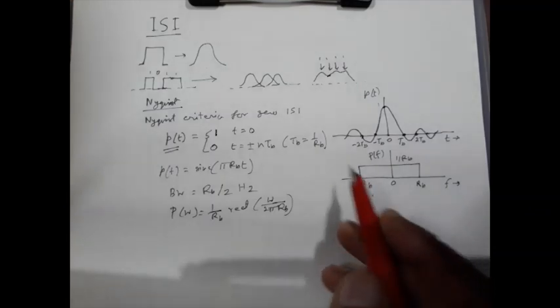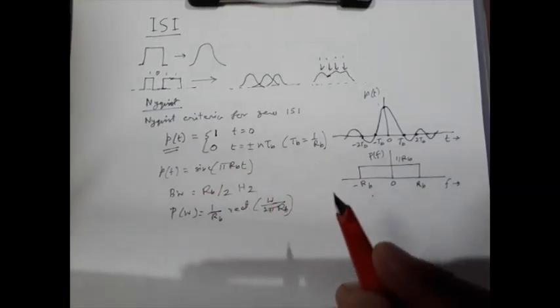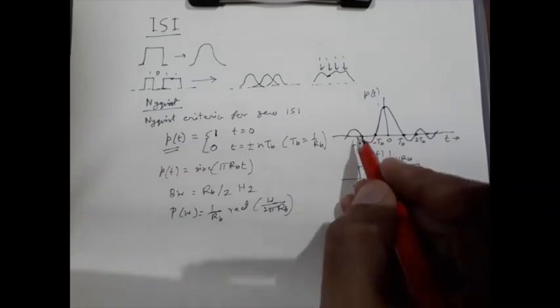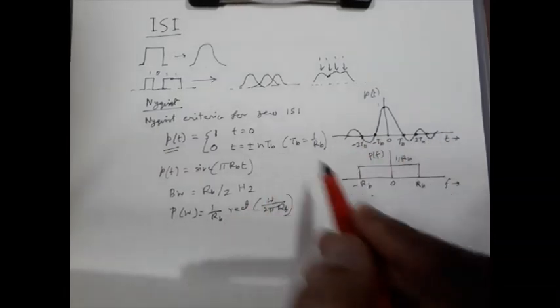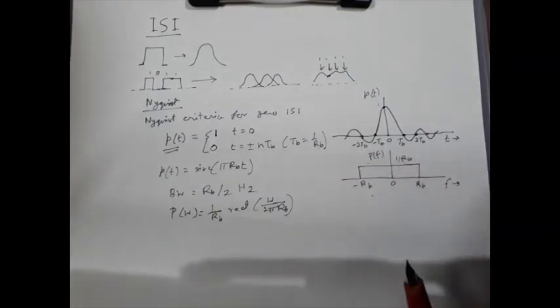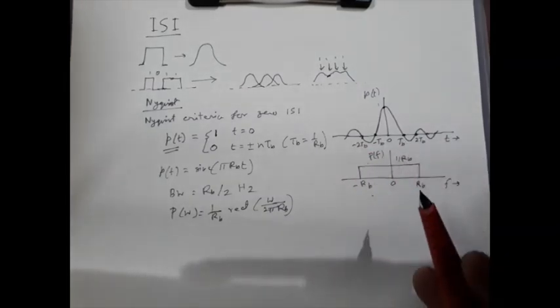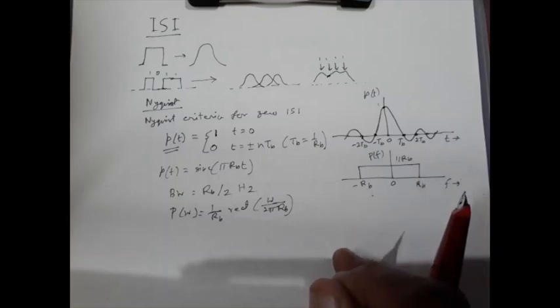Though this pulse is satisfying this Nyquist criteria, there is a problem with this pulse. First of all, these ripples actually extend to infinity. So it will start at minus infinity and it will end at plus infinity. That means this pulse is impractical.